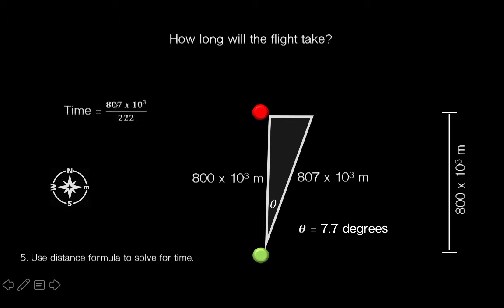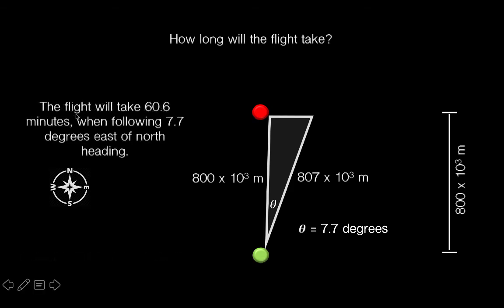Plugging in the numbers, we have 807 times 10 to the third over 222. Calculating that, we get time equals 3,635 seconds, which we divide by 60, giving 60.6 minutes. So the flight will take 60.6 minutes when following the 7.7 degrees east of north heading.